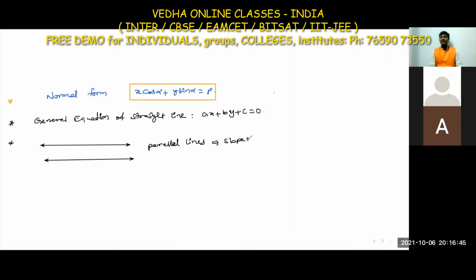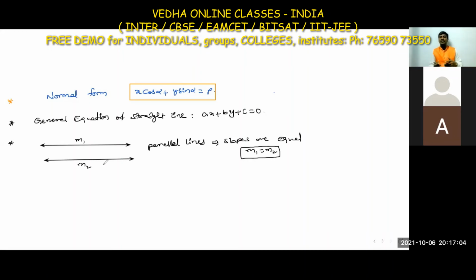That means m1 is equal to m2. The slope of the first line and the slope of the second line must be equal. If the two slopes are equal, they are parallel.